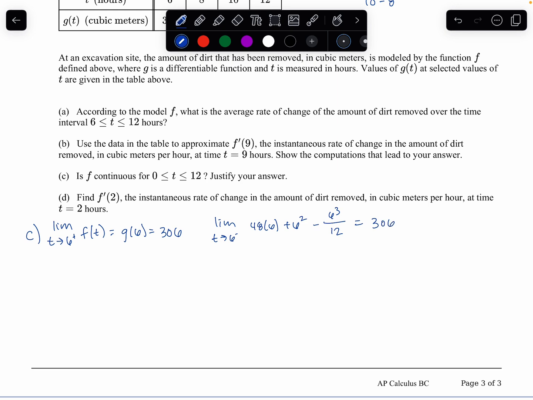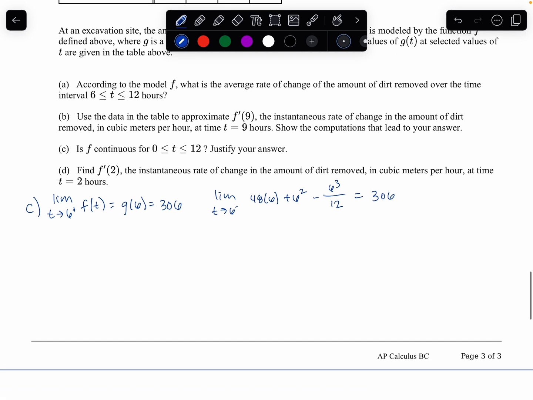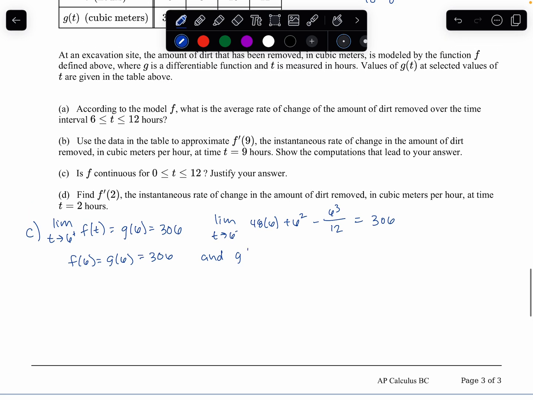Okay, and I'm not going to forget to state that f of 6 is equal to g of 6, which is equal to 306. And g of t is differentiable and therefore continuous.